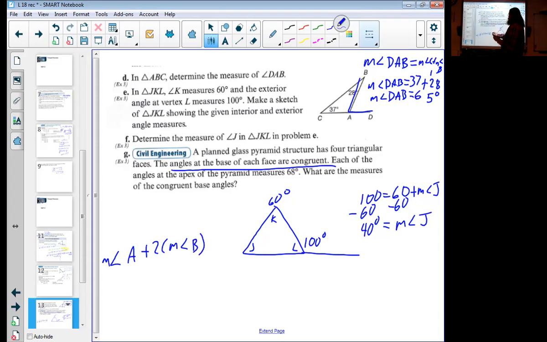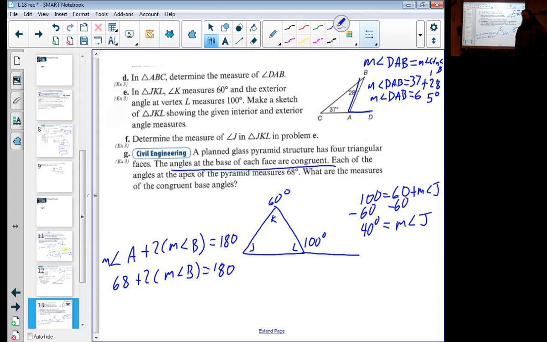And we know that equals 180. So we know that the apex is 68. So 68 plus 2 times the measure of angle B is equal to 180.